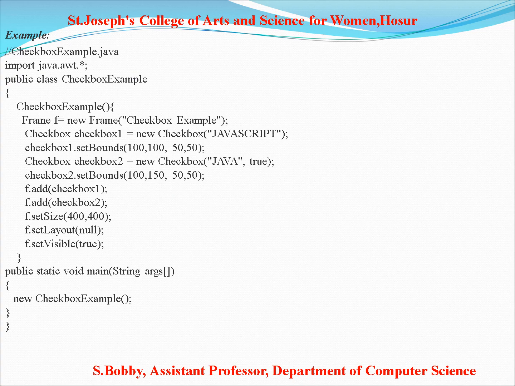See the example. Import statement, class statement, then creating the frame, then checkbox statement, first checkbox, new Checkbox JavaScript, then set the bounds, second statement, new Checkbox Java true, then set the bounds, then add these checkboxes, then size, set the layout, set visible in the main class.